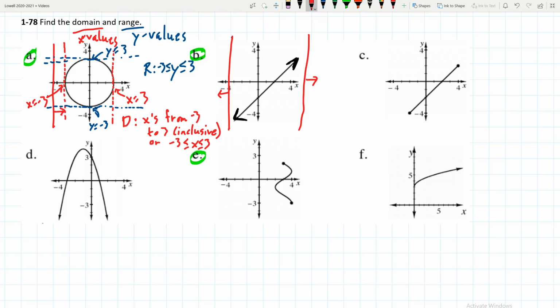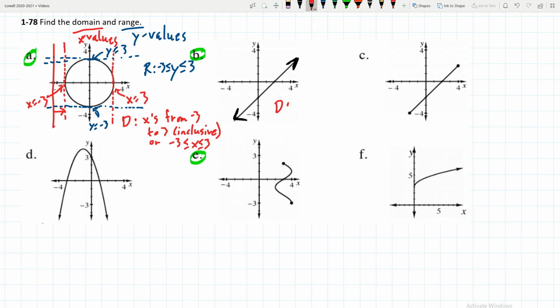And so it looks like the x values that it's going to hit are pretty much every single x value from negative infinity to positive infinity. We can also see this similarly for the range. My blue floor and ceiling are going to have to encapsulate the graph. They're going to have to go up all the way and then down all the way. Let's start with domain.